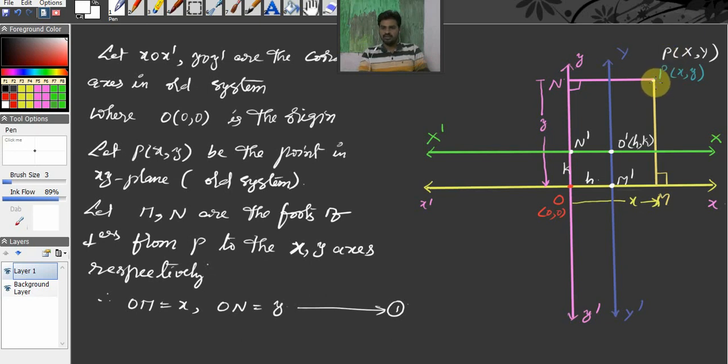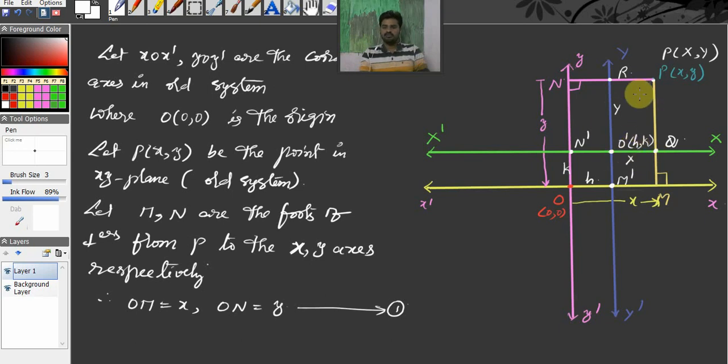First we have to draw the feet of the perpendiculars from P to the new axes. What are the new axes here? Capital X and capital Y. Let the feet of the perpendiculars of the point P on the new axes be Q and R. Now capital X will be equal to O dash Q and capital Y is equal to O dash R. This is the capital Y answer and O dash Q is the capital X answer.